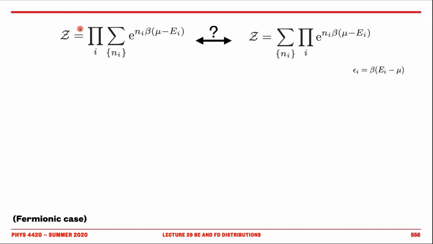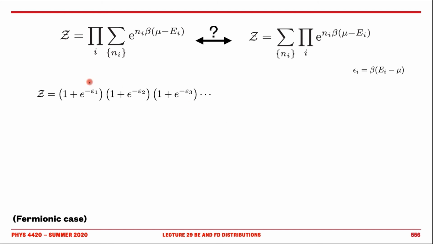For the fermionic state, let's do this again. Left-hand side. What's nice about the fermionic state is that we have fewer cases, because the sum of the possible occupations for state i is 0 and 1, right? It's a fermion. So each of these sums is just no occupation or one occupation. So it's like this, like this, like this.